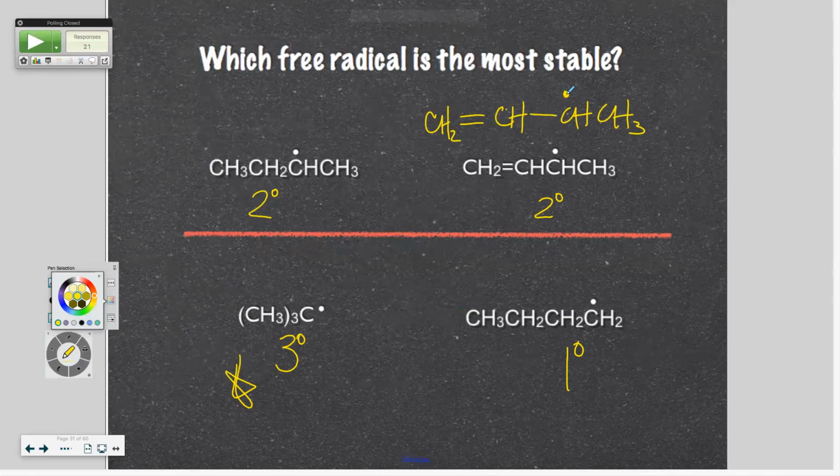You remember how many electrons it takes to make a bond? 2, right? That's important because one of these electrons and this one from the free radical will make a bond. What happens to the other electron in this double bond? It goes here.